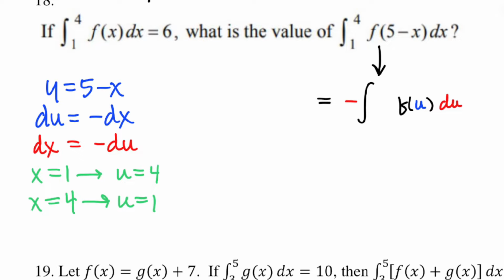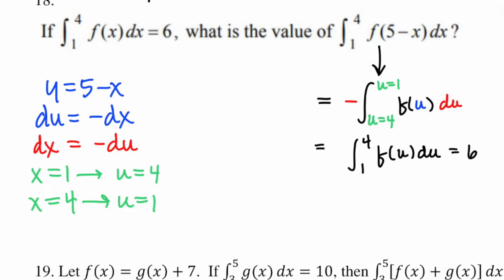Okay, if I change the bounds, which it looks like I'm going to have to do, the lower bound of x equals 1 becomes u equals 4, and the upper bound of x equals 4 becomes u equals 1. So the negative of the integral from 4 to 1, well, that's kind of like backwards bounds, so I could apply the negative to the bounds and reverse them and say, okay, this is the integral from 1 to 4 of f of u du, but that's going to also equal 6.